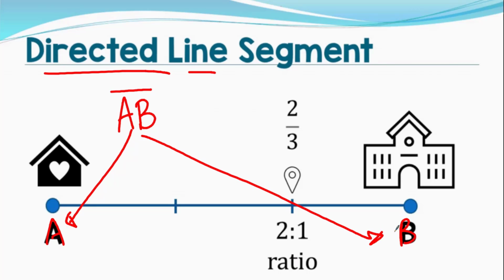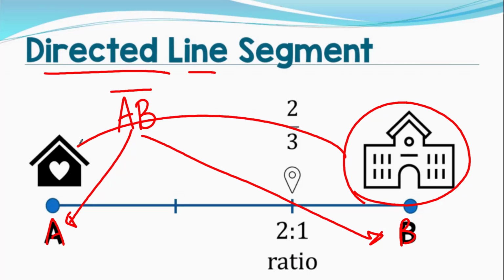And for a directed line segment, the direction is important, because think about it, 2/3 of the way from school to my house would be right here, so it's a different point. 2/3 of the way from my house to school is right here. So it makes a difference, the direction that you're given in your problem, if you're going from your house to the school or from your school to the house.